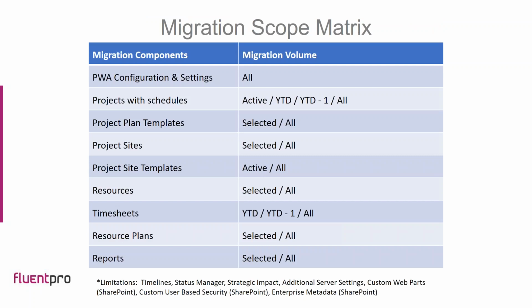So when we talk about the migration scope, I would like to mention different migration components that can be included into the data migration. The first one is PWA configuration and settings.